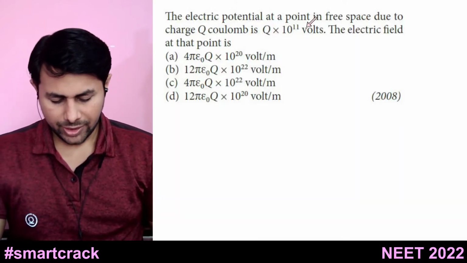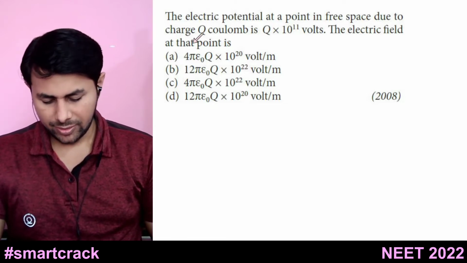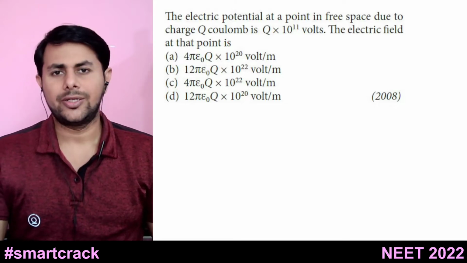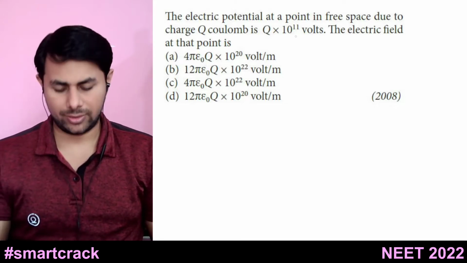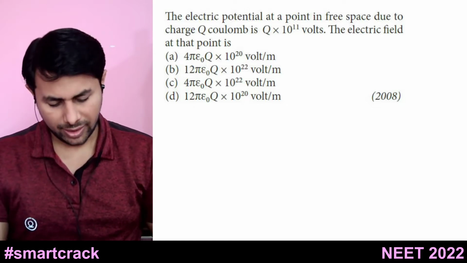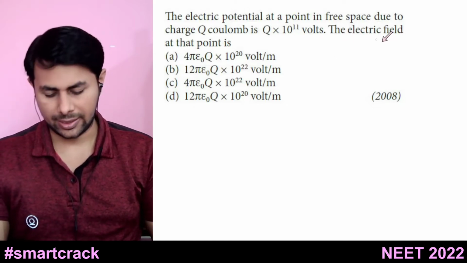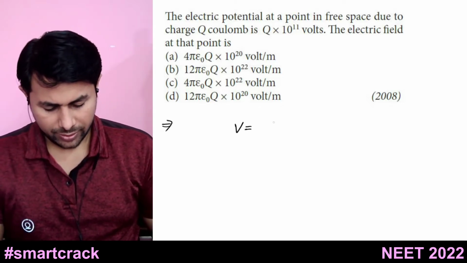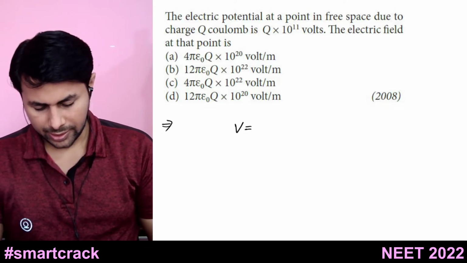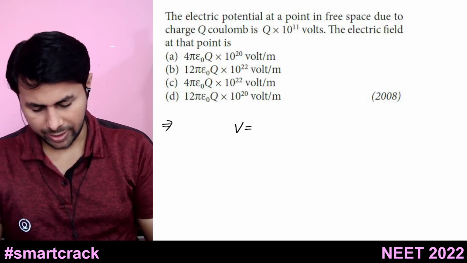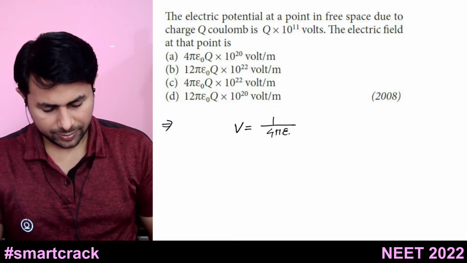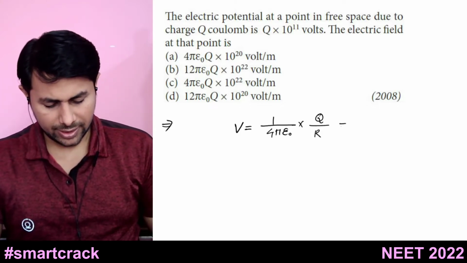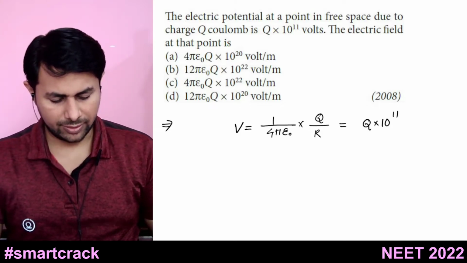Then the electric potential at a point in space due to charge q coulomb is this thing, and we want the electric field at that point. We are given the value of potential, and we want to find out the electric field in that region. So potential, we know it is due to a single charge. Potential is given by 1 over 4 pi epsilon naught into q over r, and it's given that this is equal to q into 10 raised to 11.